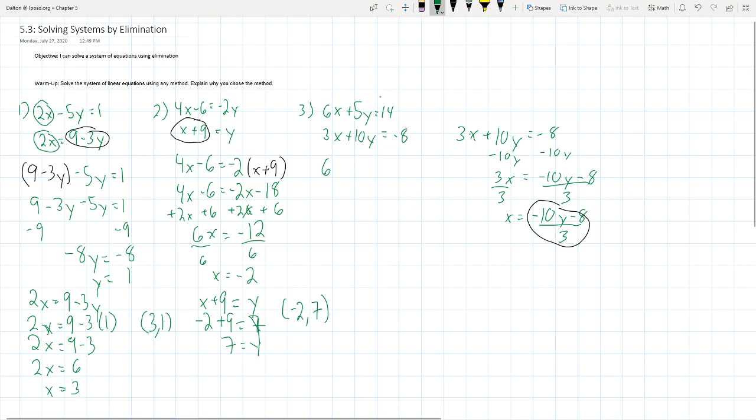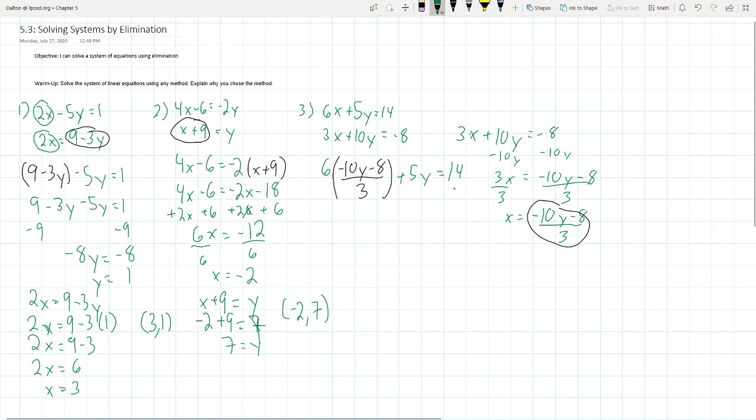So I have 6, and then in parentheses, negative 10y minus 8 divided by 3, plus 5y equals 14.